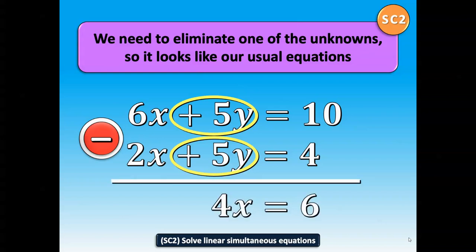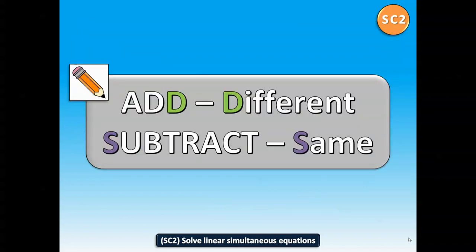So that would give me 4x equals 6. If the signs are different, then we add the equations together. But if the signs are the same, then we would subtract the equations.